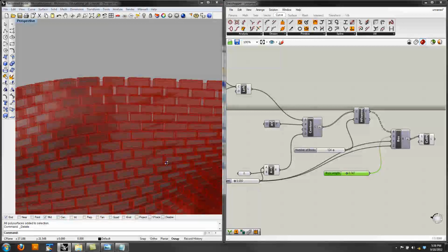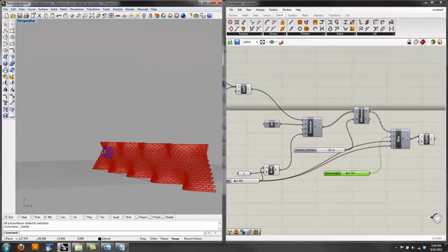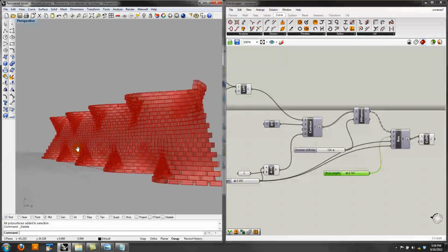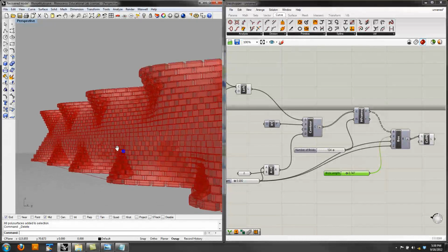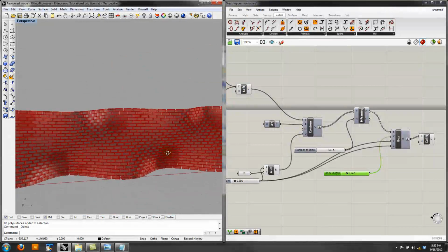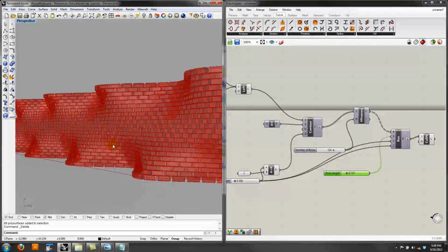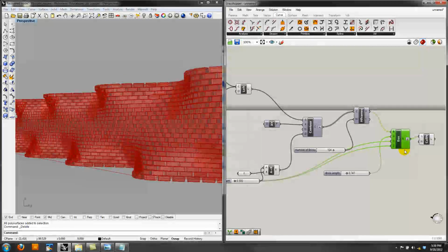Okay. If we play with this, we get back to what we wanted to make in the first place. Pretty close, pretty good. So we kind of deconstructed a method here, and we were able to create a parametric system that allows us to play with this form.